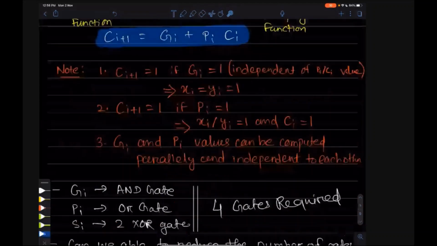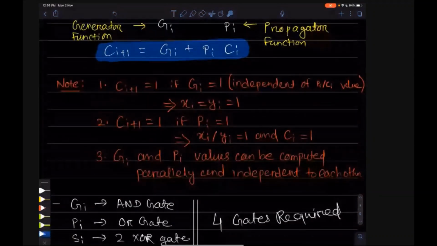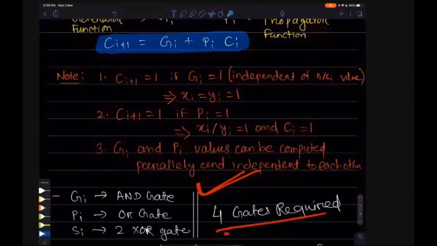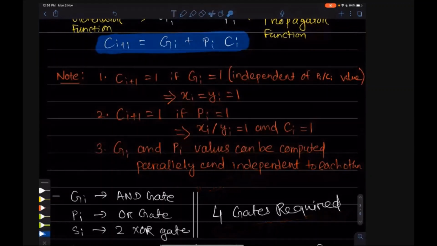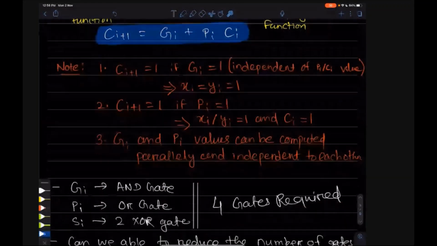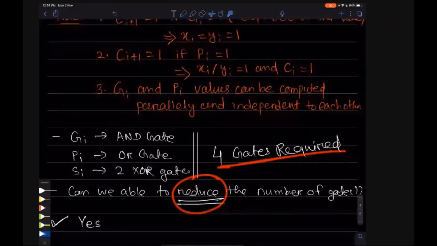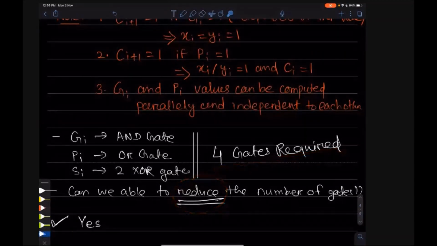So a total of 4 gates are needed, because Si will have 2 XOR gates in this case, since one XOR gate takes only 2 inputs. For this case we require 4 gates. So the question is, can we reduce the number of gates without requiring these 4 gates? Can we make it 3?